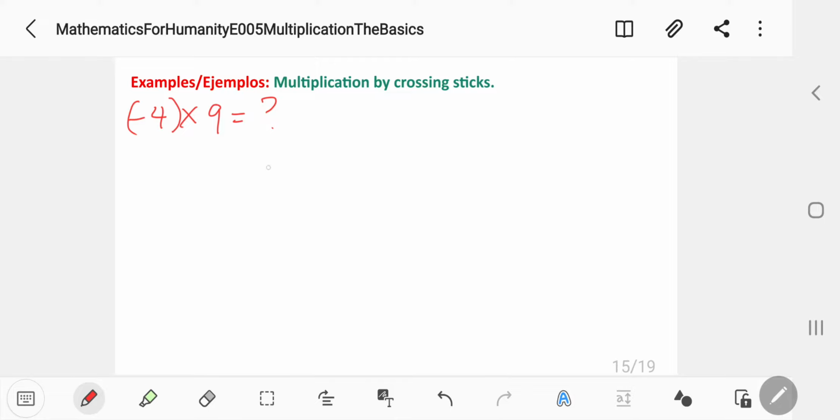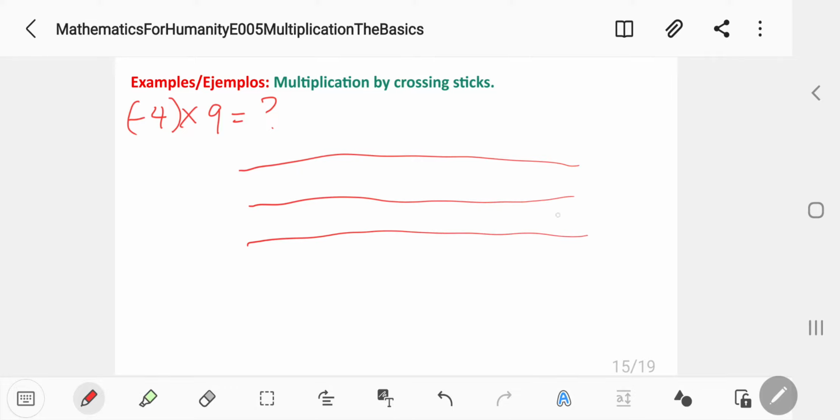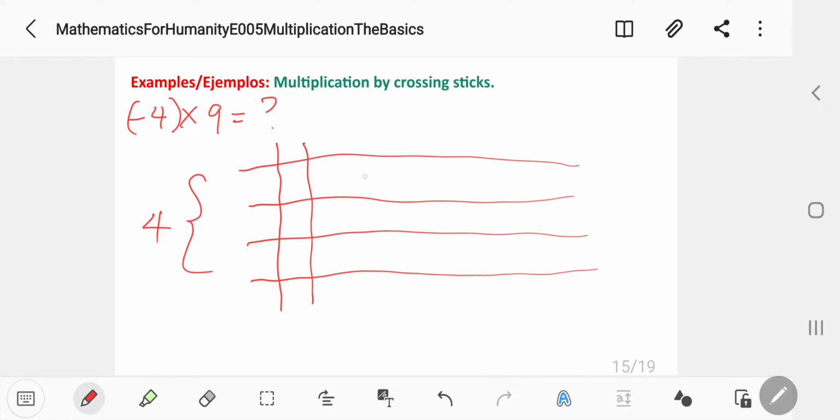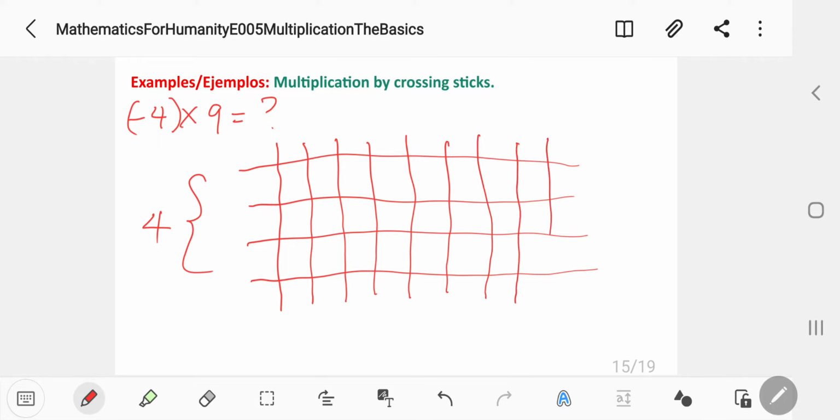So you have 1, 2, 3, 4 lines, and then this is 4. And then you draw, crossing the 4 lines, 9 lines. 1, 2, 3, 4, 5, 6, 7, 8, 9.